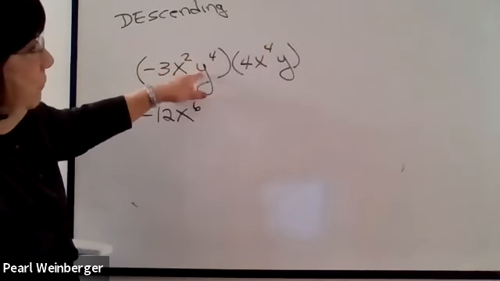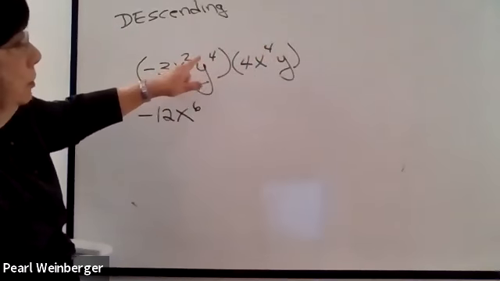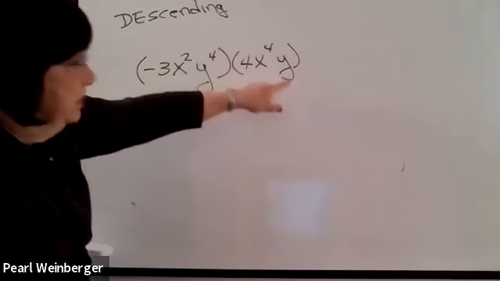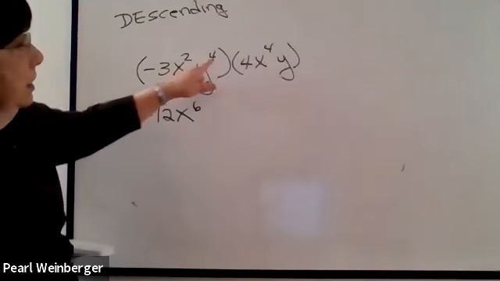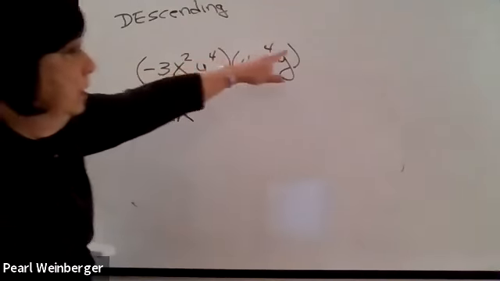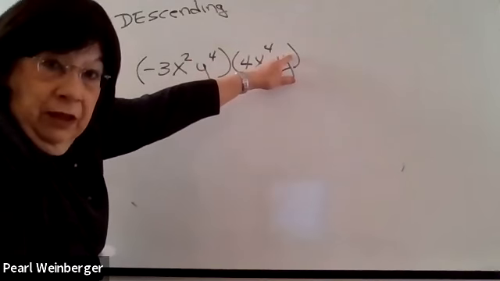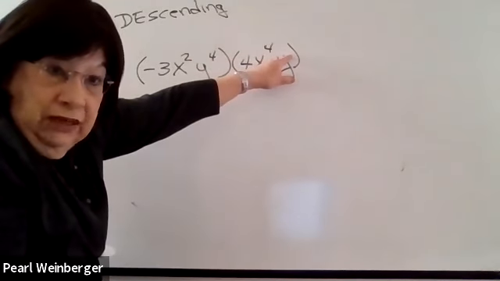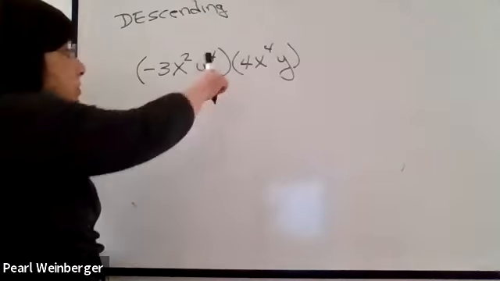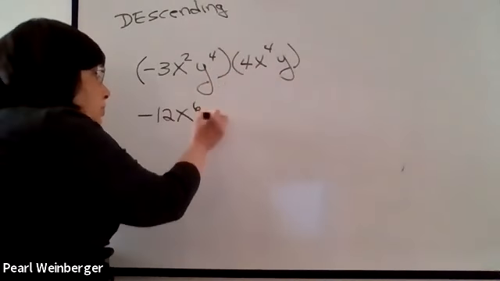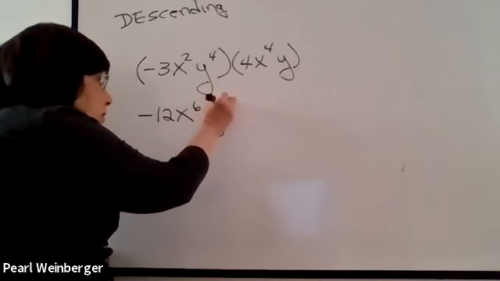Then we have a y⁴ and a y. Notice they're the same letter also. They're the same base. Here the exponent is 4. Remember, when a letter has no exponent, it's understood that the exponent is 1. So this becomes 4 plus 1, so it's y to the 5th.